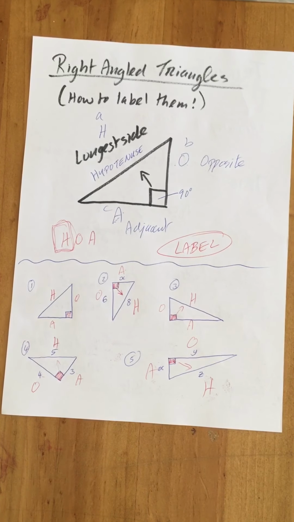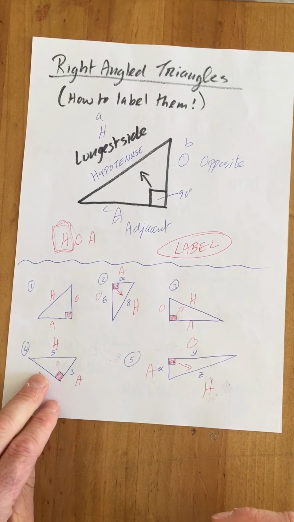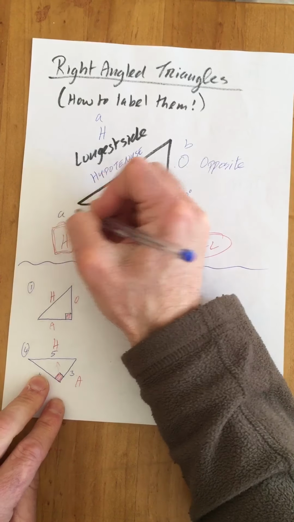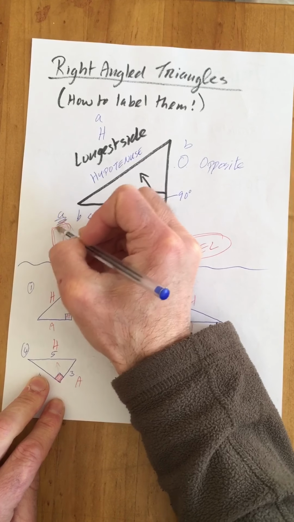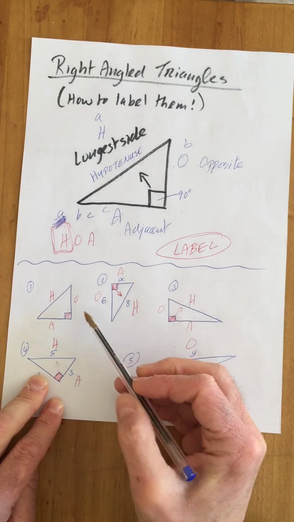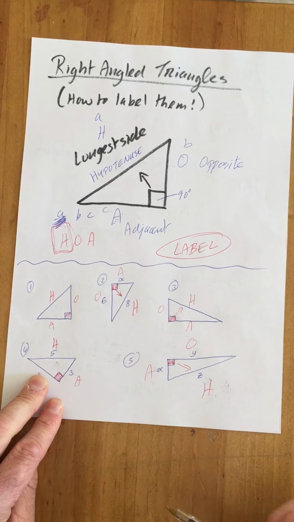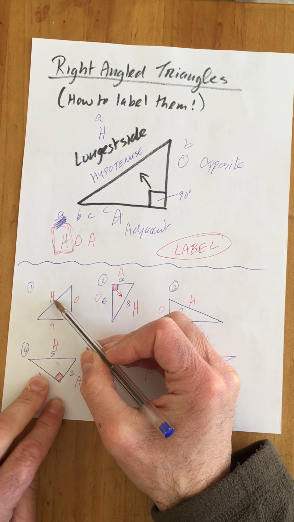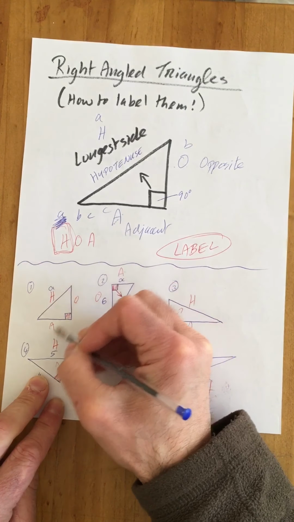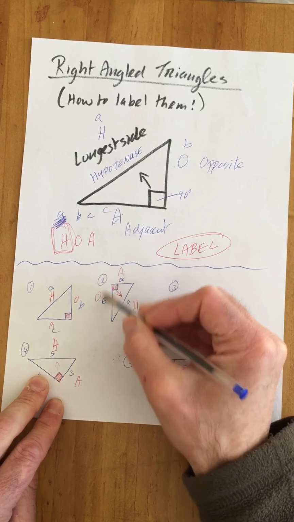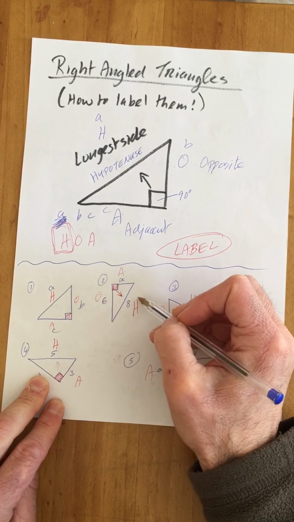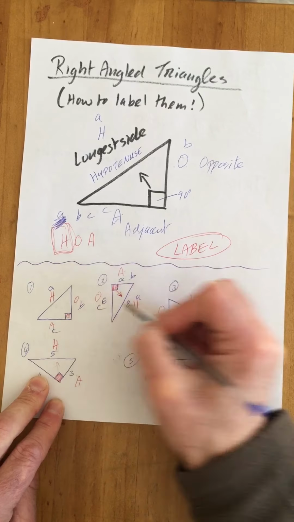In some books, especially yours, they don't use H, O, and A. What they use is A, B, and C, and they call A the hypotenuse. So if I was to do all these questions again using A, B, and C, I would call the H here A, and then B and C don't really matter. In example 2, A is your hypotenuse, and then B and C don't really matter.